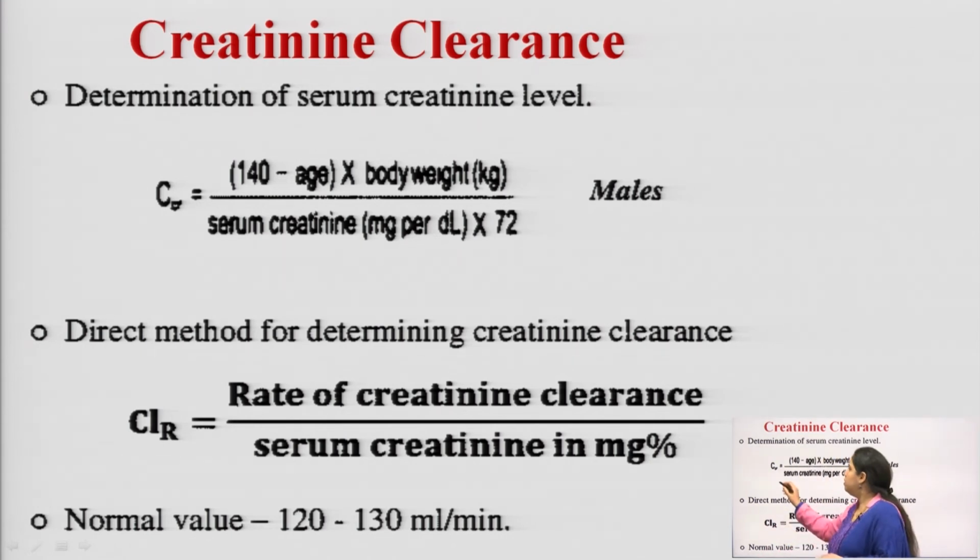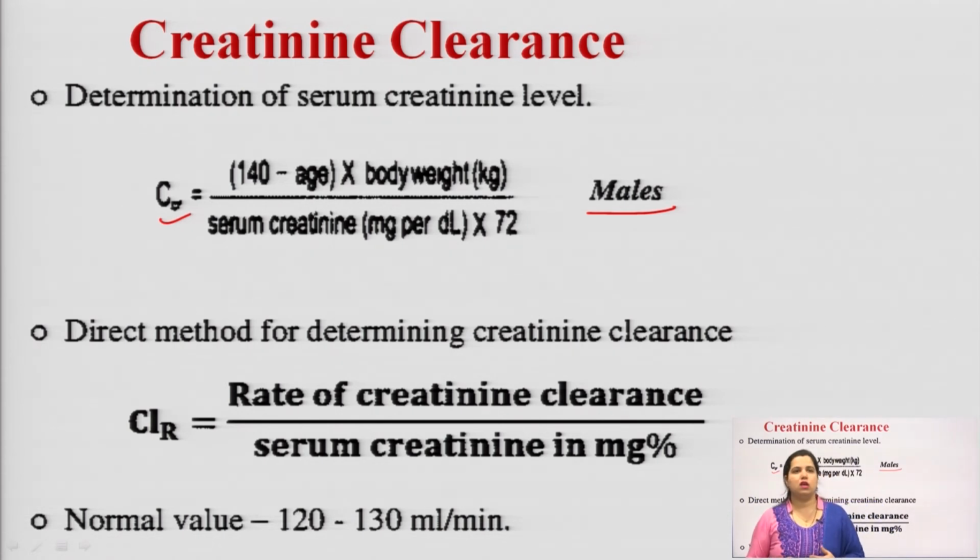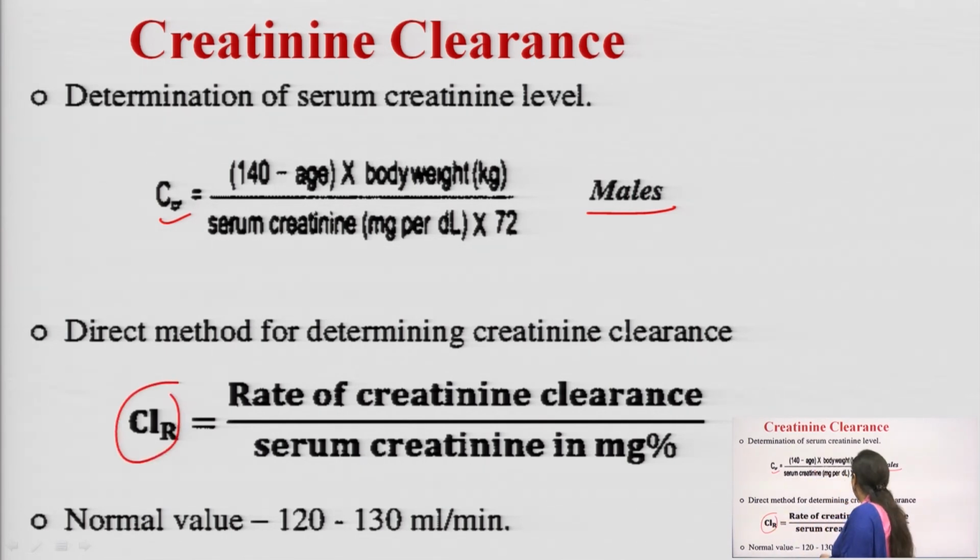So, creatinine clearance is a determination of serum creatinine level. The formula will be CLcr equals (140 minus age) into body weight in kilograms, divided by serum creatinine in mg per liter and 72. This formula is specifically for males. The direct method for determining clearance is CLR, renal clearance, equal to rate of creatinine clearance over serum creatinine in milligrams percentage.